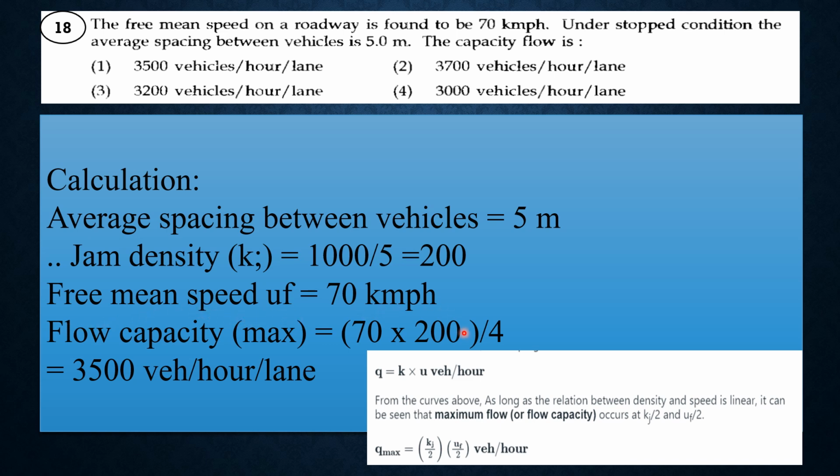So for maximum flow, 70 into 200 divided by 4. So the value of flow capacity is 3500 vehicles per hour per lane. So option number first is correct.